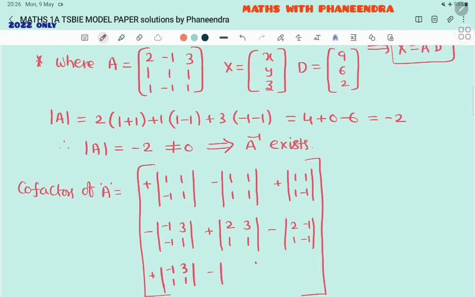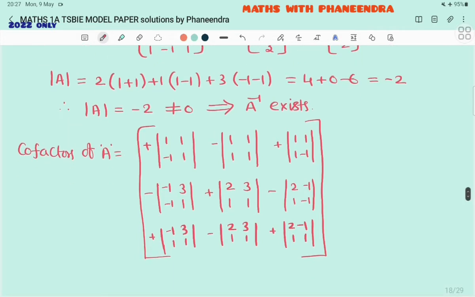Here minus cofactor of minus 1, so 2 3 1 1, plus cofactor of 1, 2 minus 1 1 1. So for these values we need to calculate.